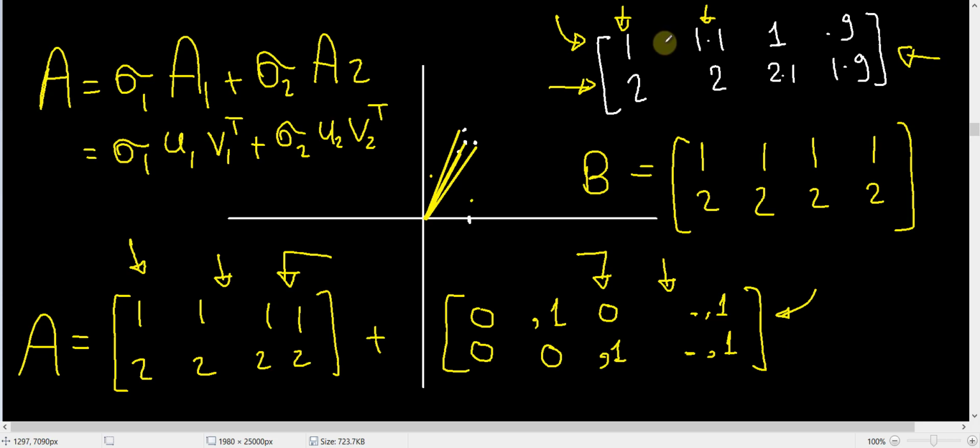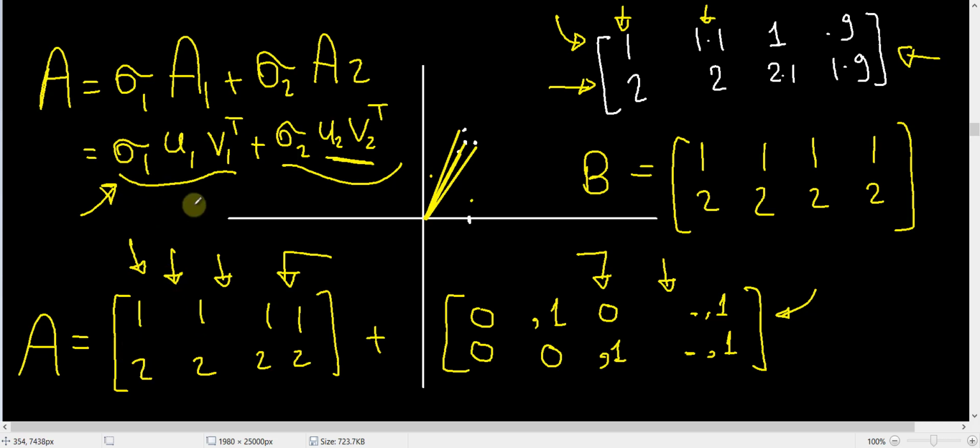Now, assuming that this will be the first matrix and this will be the second matrix, and knowing that U1 V1 transpose will have very small values inside the matrix itself, then in order to have this first expression very similar to this matrix, we need sigma 1 to be slightly large because the values right here are slightly large.